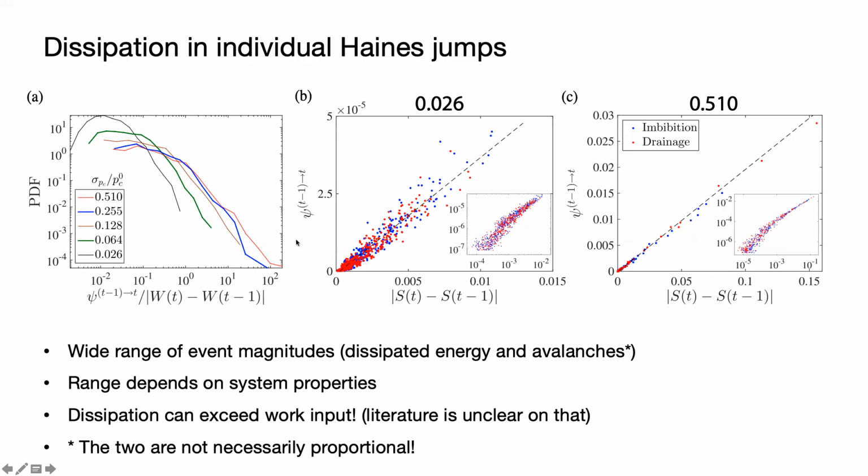We can also plot the dissipation, the energy dissipated in a step, so the distribution of dissipation versus the avalanche size, if you wish, the size of saturation change in each step. This is for the very weak system and the very strong system, or the very large standard deviation. And what's interesting here is that you see that they don't all fall for each case on a single line.